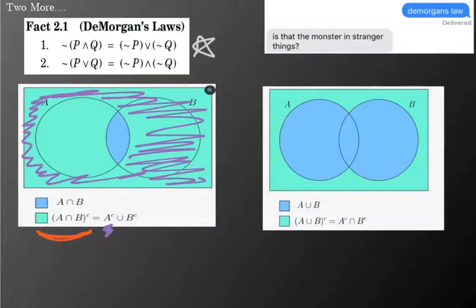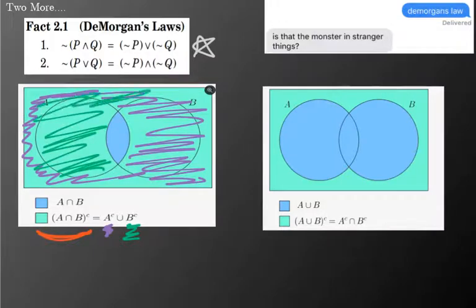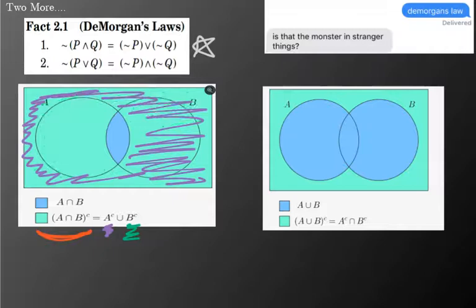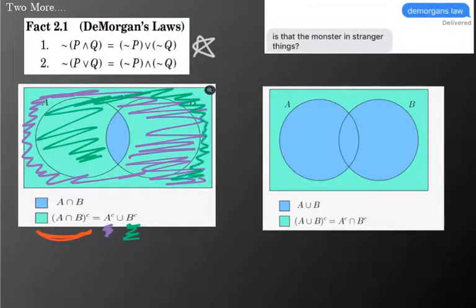And then B complement, there's a different color here, B complement would be this part. If you combine the purple and green parts, you really would get what's in teal here. So that really is true.